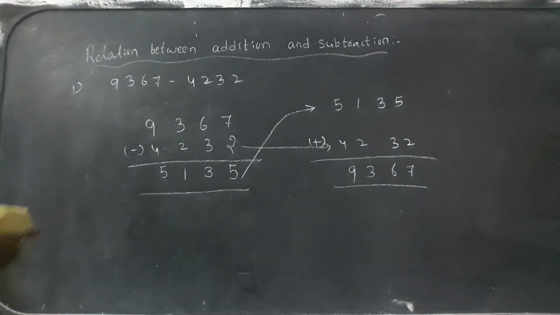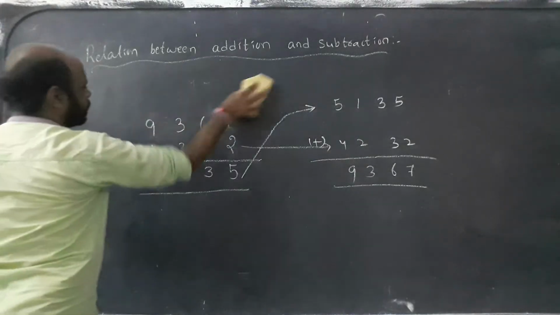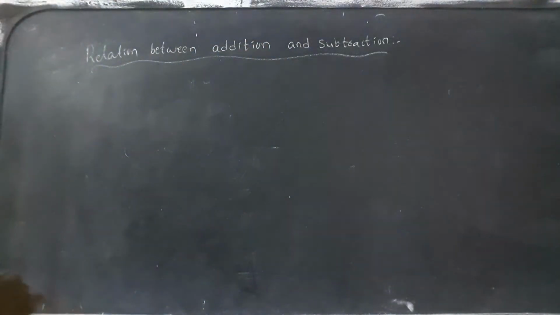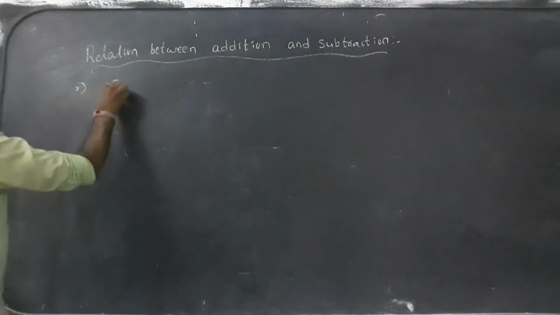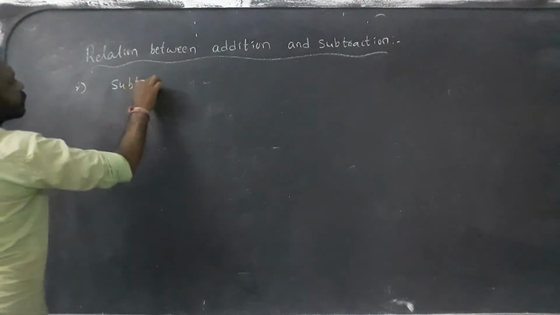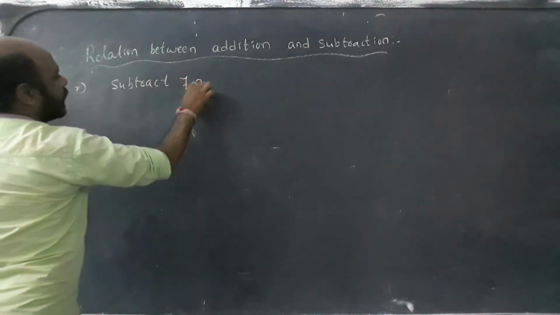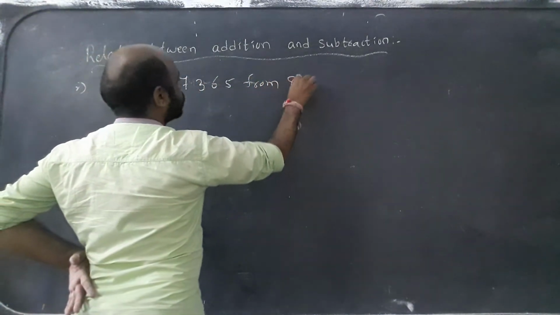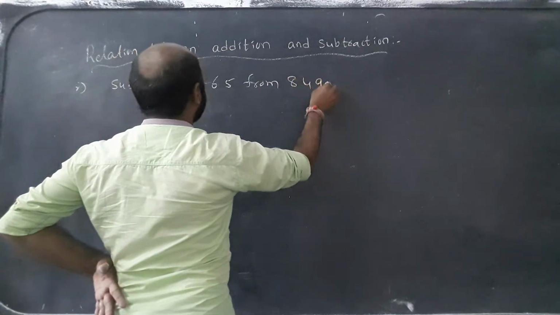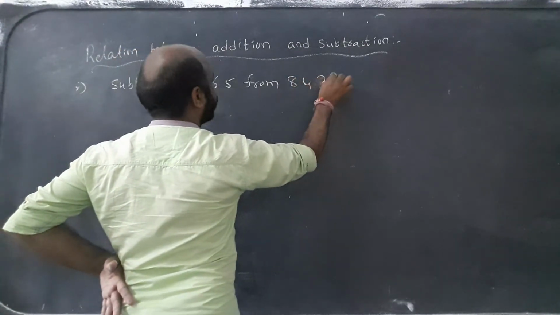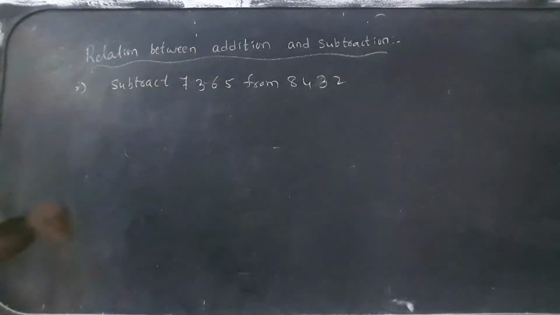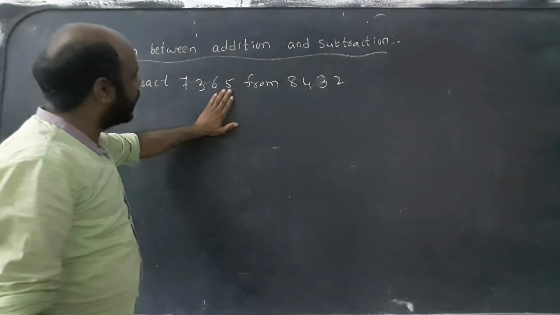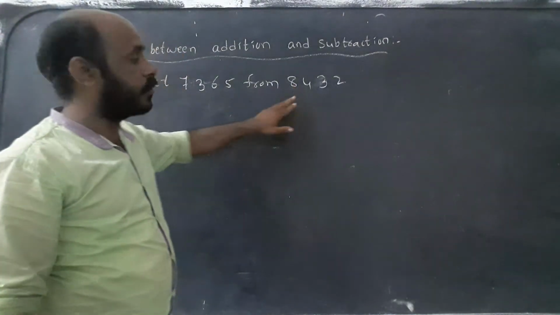One more question I will explain. See once. He won't always give it directly. Second one: subtract 7365 from 8432.